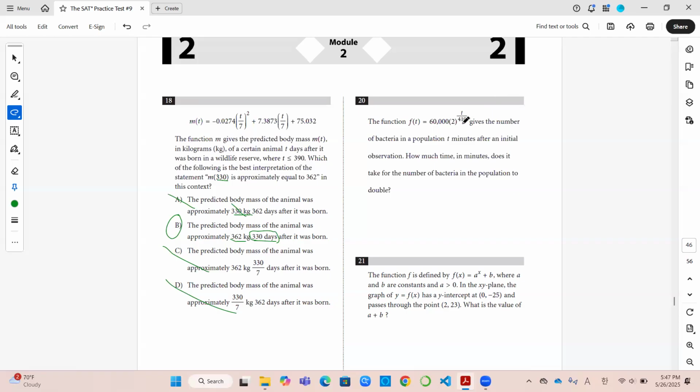I just want this exponent to equal 1, because 2 to the power of 1 is equal to 2, and 2 times 60,000 is double the number 60,000. So by applying that logic, I'm going to set t over 410 equal to 1, and t is equal to 410. So this is the correct answer.